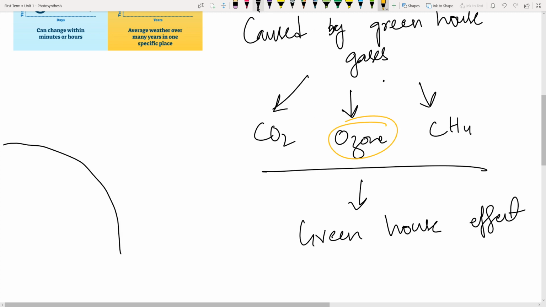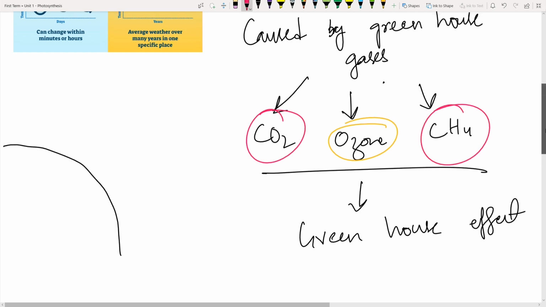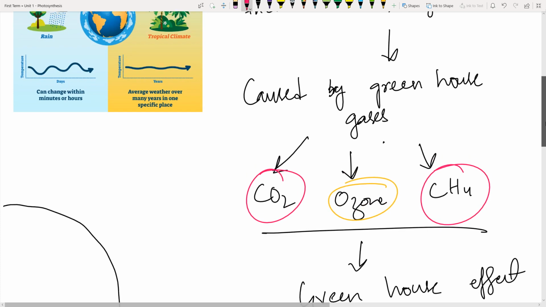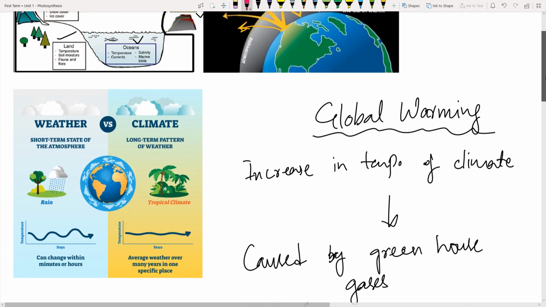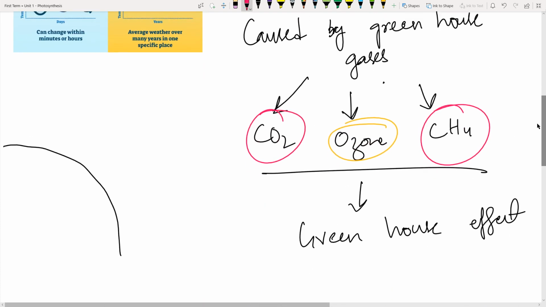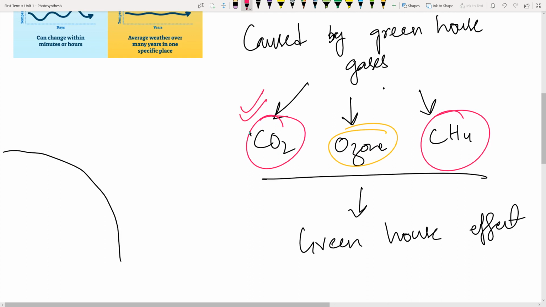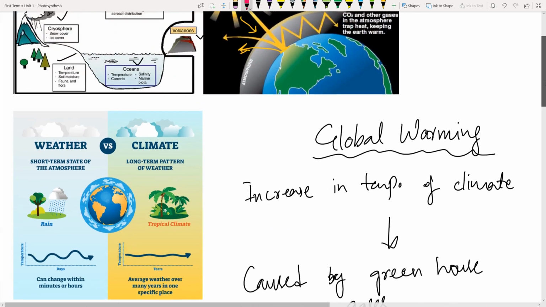But compared to that, we have CO2 and methane, which are having an adverse effect onto the climate, in which the increase in CO2, especially over here, is responsible for global warming, as CO2 is released by, as I said, combustion and respiration.